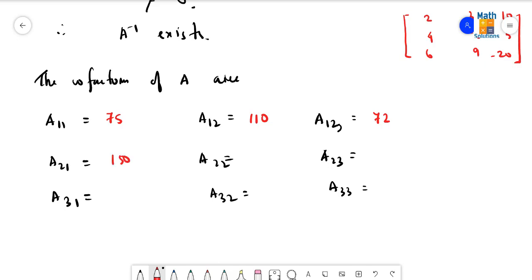Then for A22 the result will become minus 100. So it is minus 100. A23 will become 0. Then A31 becomes 75. A32 it is 30. Then A33 the result is minus 24.